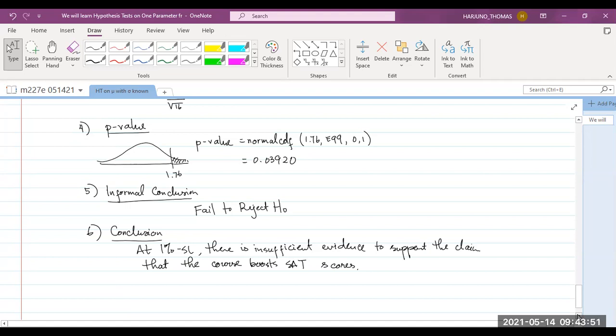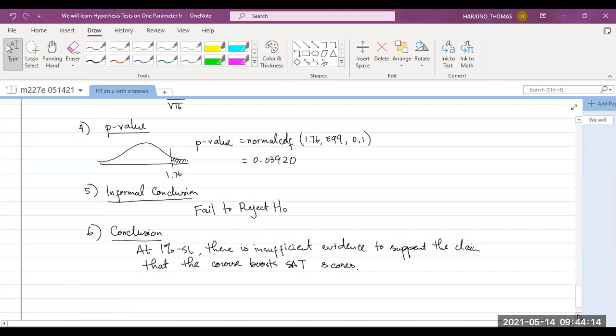Or in short, we can say the following. Okay, this is just for real life. The conclusion is what I write there. But in real life, the statistician may read the conclusion this way: there is sufficient evidence to support the claim that the course boosts SAT scores significantly, but not very significantly.